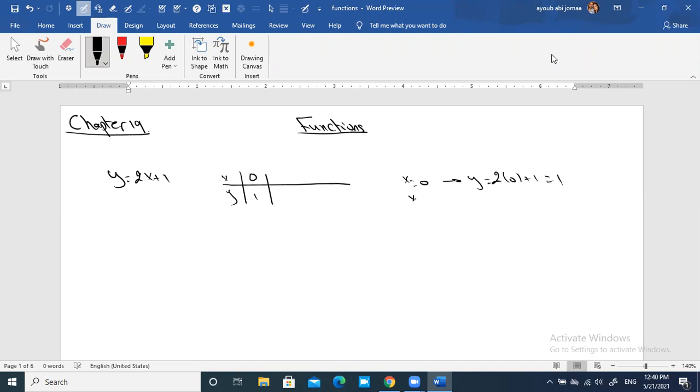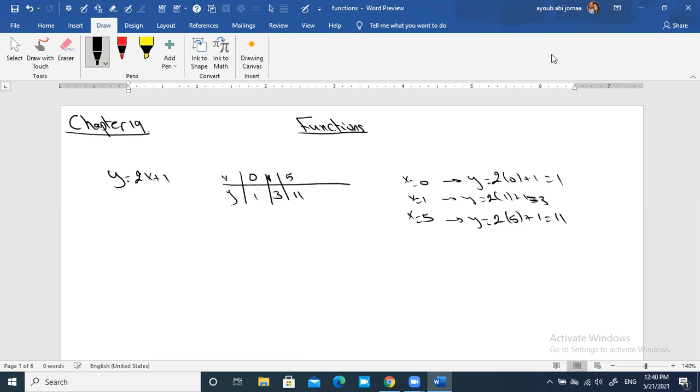If x is equal to 1, then y will be equal to 2 times 1 plus 1, which is equal to 3. Like, if x is equal to 5, then y is equal to 2 times 5 plus 1, which is equal to 11. 5, 11.